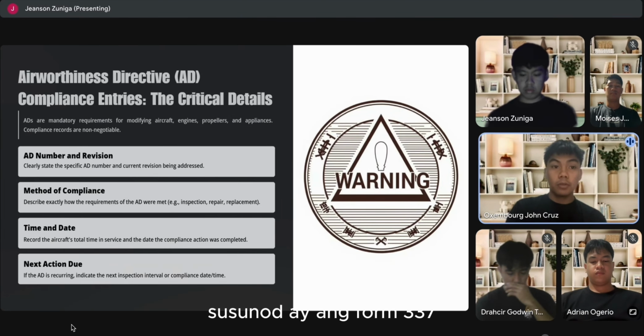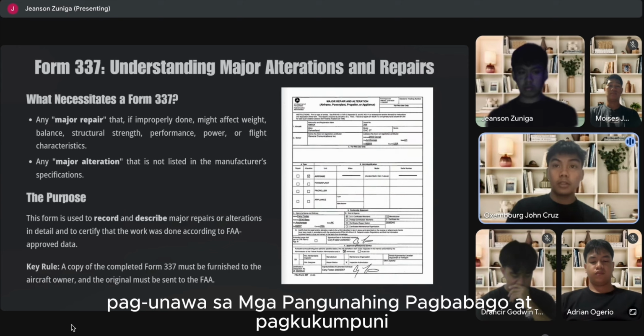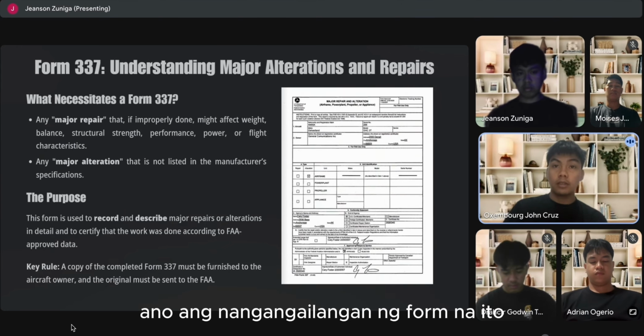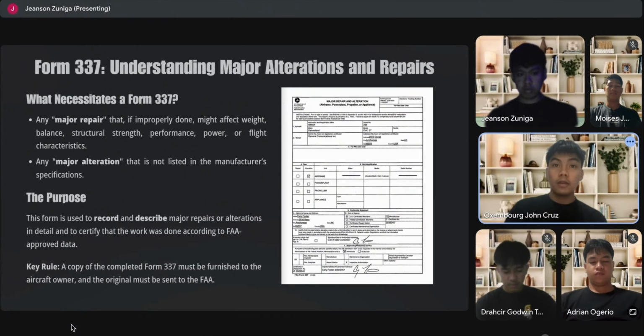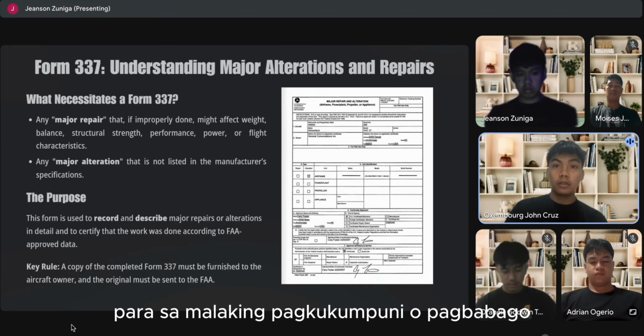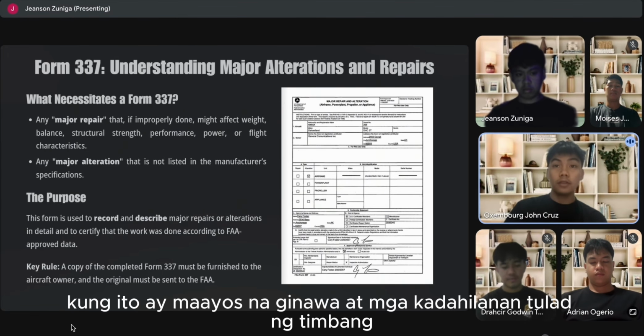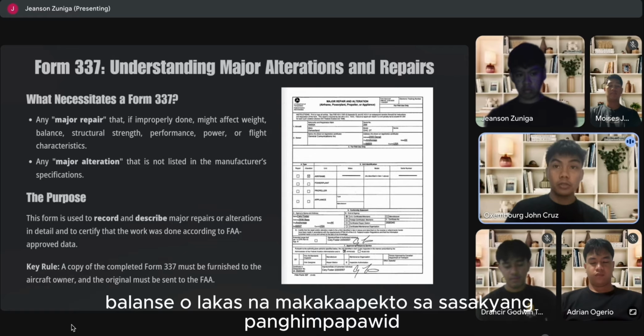Next is Form 337, understanding major alterations and repairs. What necessitates this form is a major repair or alteration, and whether it was properly done, with factors such as weight, balance, or strength that will affect the aircraft.